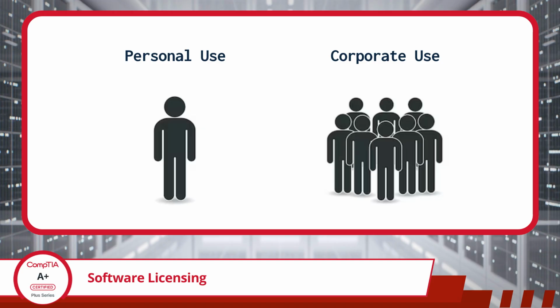A corporate use license, on the other hand, is designed specifically for organizations and professional environments. These licenses often include features such as centralized management, enterprise support, multi-user access, or volume licensing options that allow installation across many systems within the company. Using the proper license type helps organizations remain compliant while ensuring employees have the tools they need to work effectively.